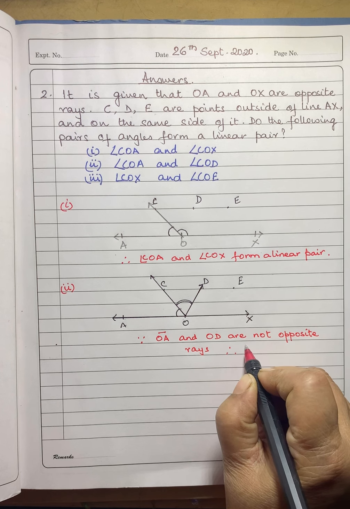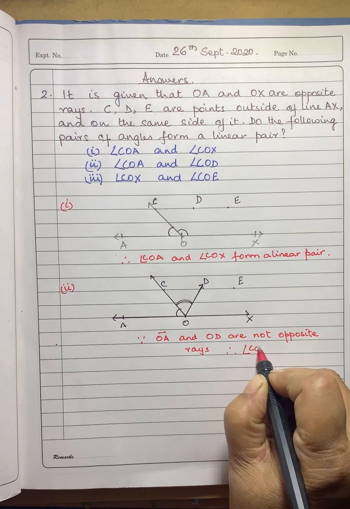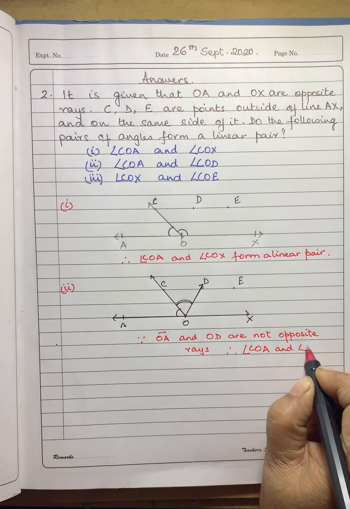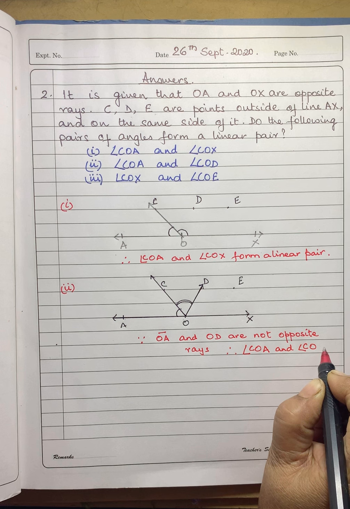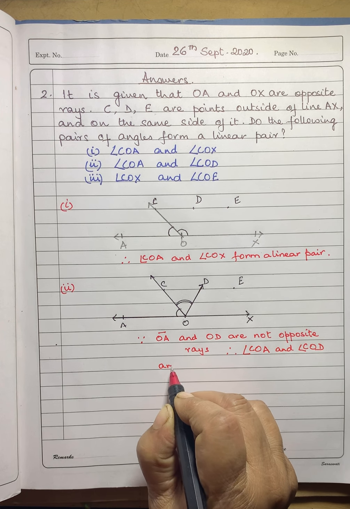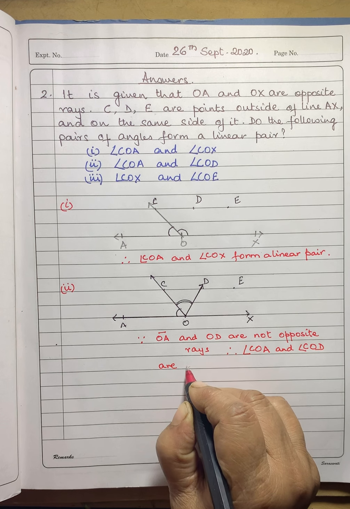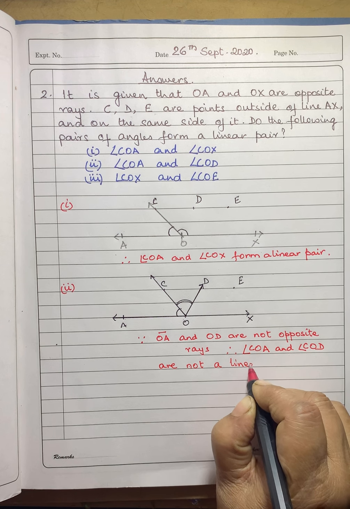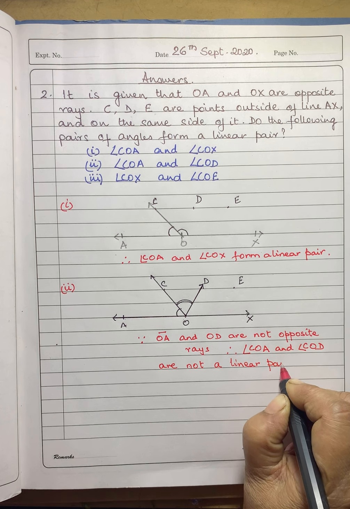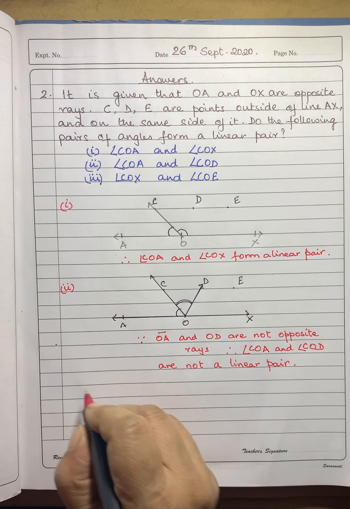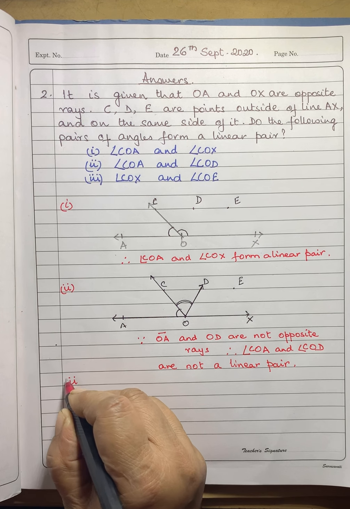Therefore, angle COA and angle COD are not a linear pair. They are not a linear pair. Okay? That was number 2. So now we go on to number 3.